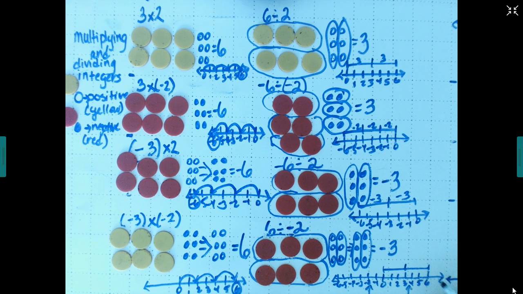First of all, let's get our 2 groups. When we're looking, we have 3 in each of those, but we want the opposite of those 2 groups. Okay, so the opposite of those are going to be negative 3 in each group. Look for patterns. What do you notice?